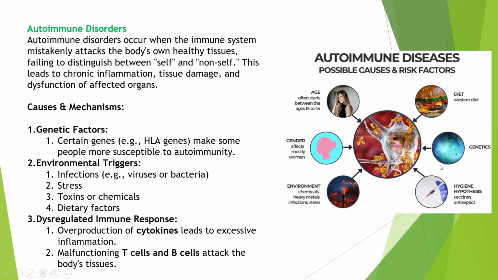And then genetics, your HLA genes. Then sometimes the vaccines you take, the antiseptics, antibiotics, all these also affect, because you would have known that you have to take your medicines as prescribed by the physician.